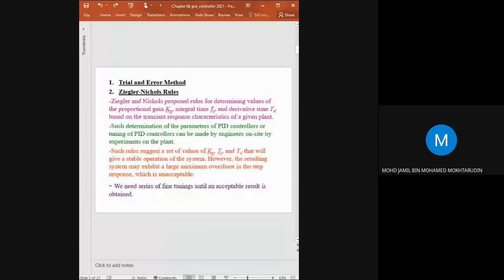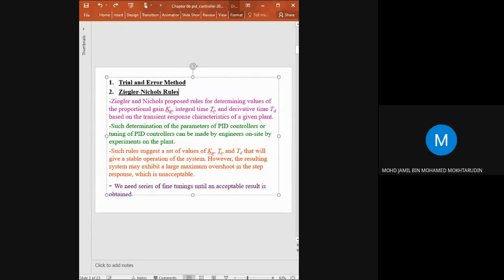So the tuning method that we will teach you in this subject is what we call the Ziegler-Nichols rules. Ziegler and Nichols proposed rules for determining values of the proportional gain Kp, integral time Ti, and derivative time Td based on the transient response characteristics of a given plant.